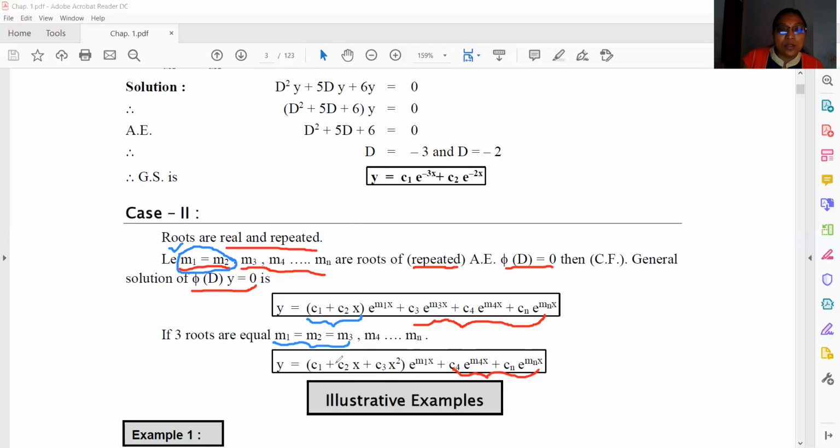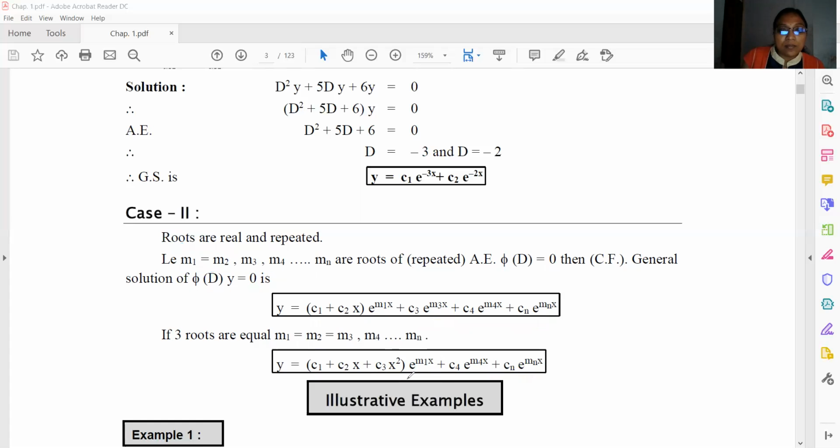But for these repeated roots, as you can see, the roots are repeated 3 times, right? So we have to use 3 constants while writing the solution. C1 plus C2x plus C3x square, and go on increasing the power of x. So C1 plus C2x plus C3x square, and then the exponential term e raised to m1x.